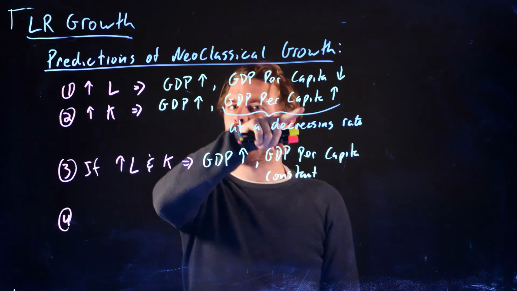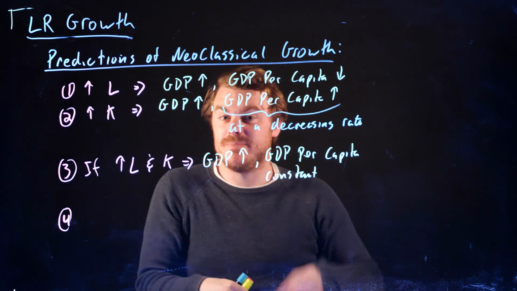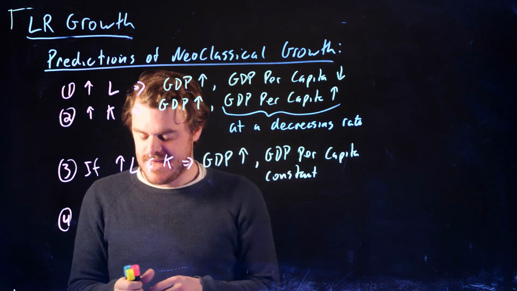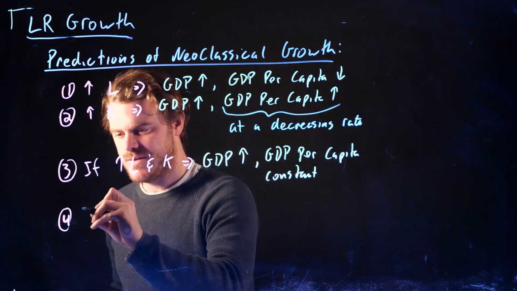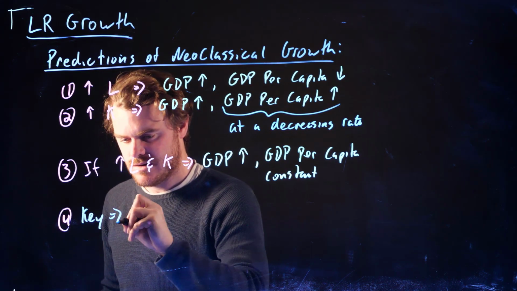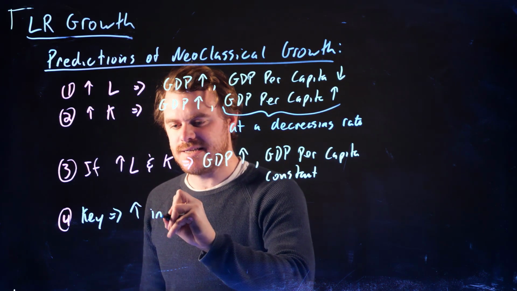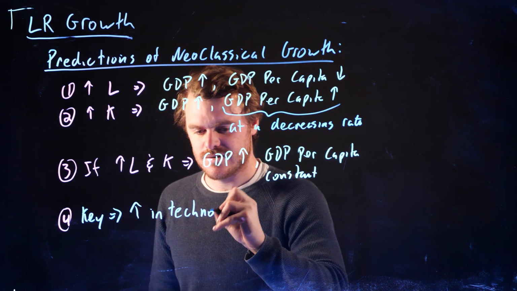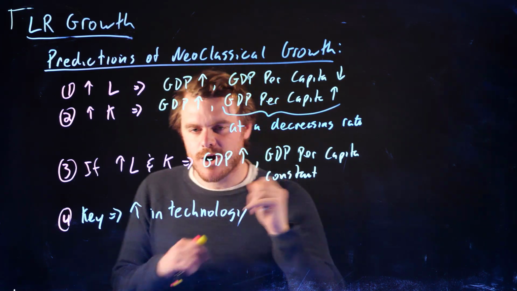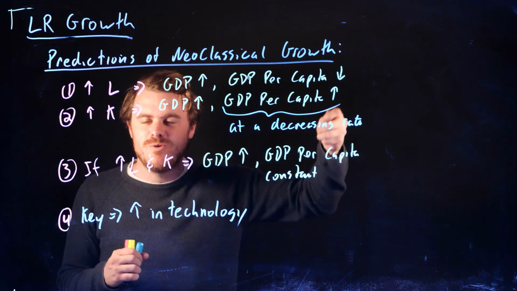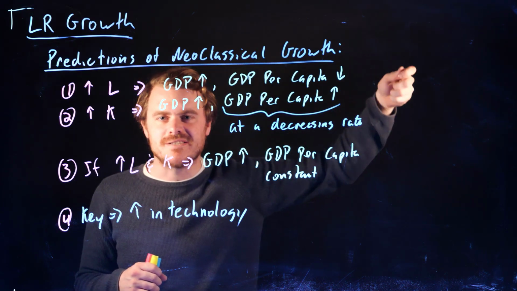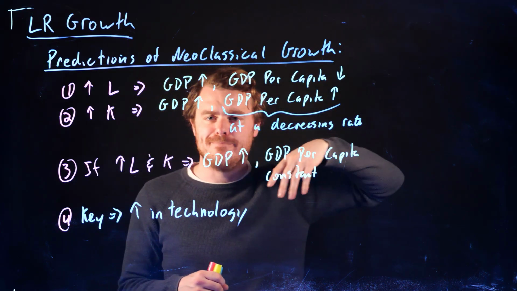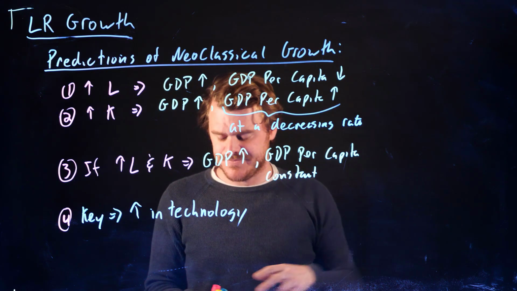Increasing the capital stock will increase GDP per capita, but at a decreasing rate. And so the key thing here is an increase in technology. But the problem with this theory is we've assumed that technology is an exogenous thing that affects the production function.